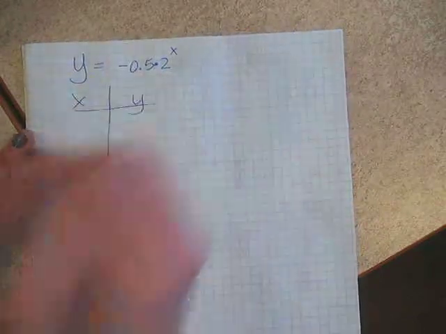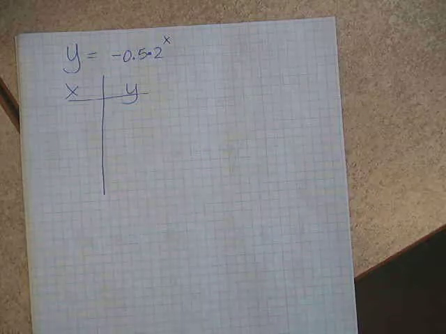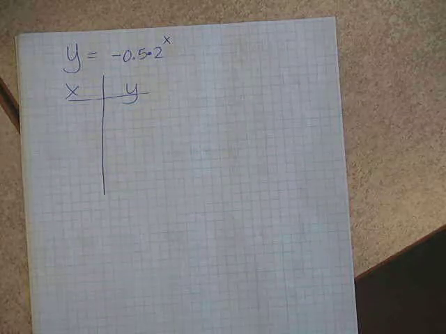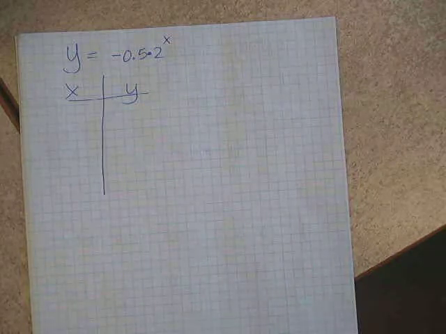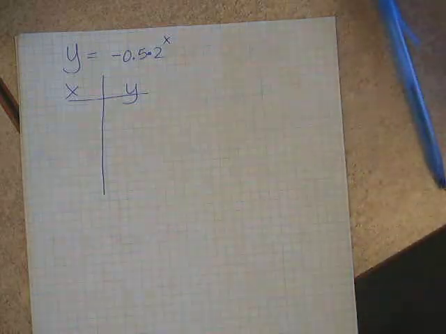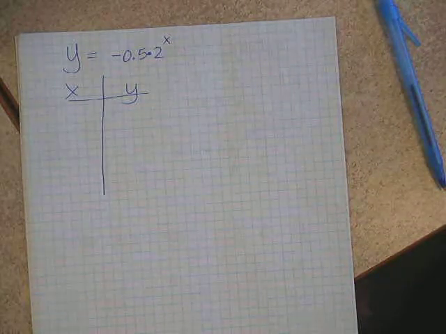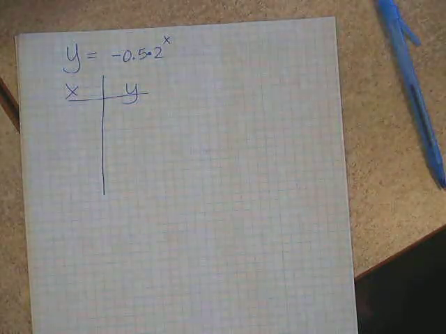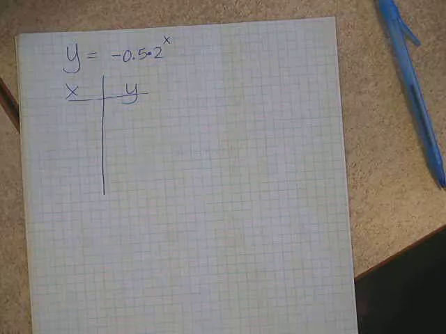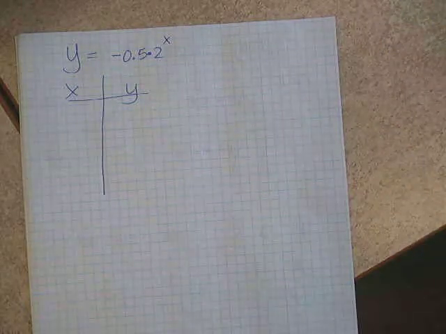The y will be negative. The y values are going to be negative. It's going to be on the bottom side of your x-axis, right? All right, so go ahead and, like I said, I'd probably start with -1, 0, and 1 in your table and see what that gives you. And if you need more, either on the negative or the positive side, then add them in this graph.